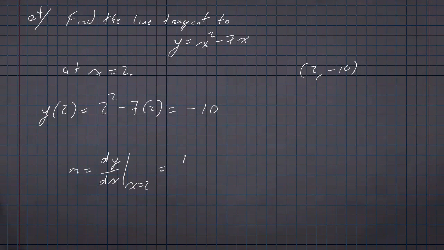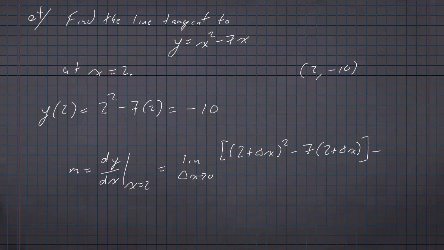But either way, it's going to be the limit as delta x goes to 0 of the function evaluated at x plus delta x, which is going to take this strange form. x is 2, so it'll be 2 plus delta x squared minus 7 times 2 plus delta x, minus the value when we put in 2, which we already know is negative 10, all over delta x.